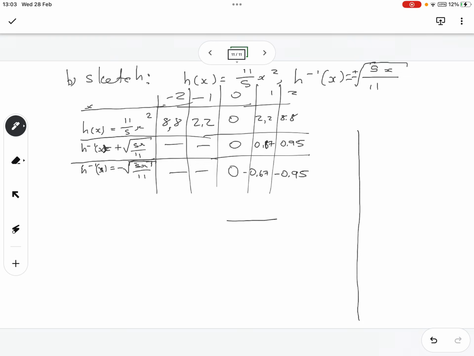So I'm going to keep it at 1, negative 1, negative 1, and 1.